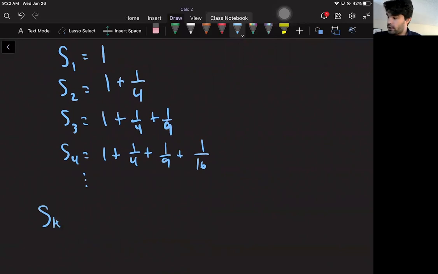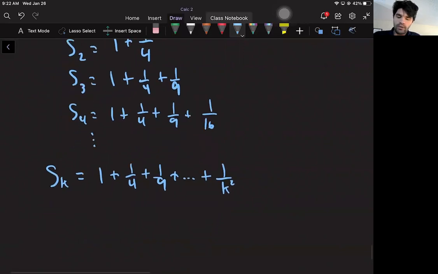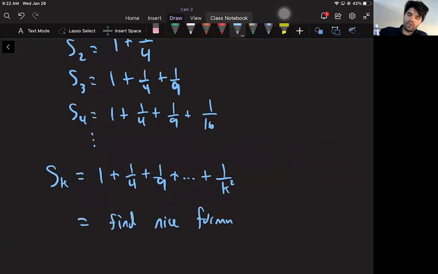And what's tricky is this is what SK would be like. So you just add up until you get to K, the kth term. So the trick is that you need to find some sort of nice formula for this, but that's often very hard.